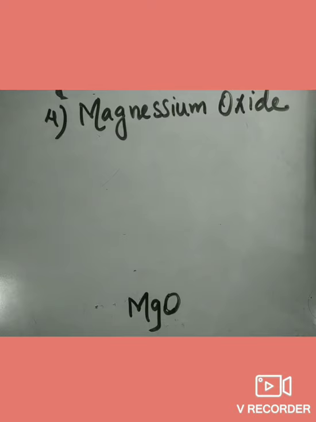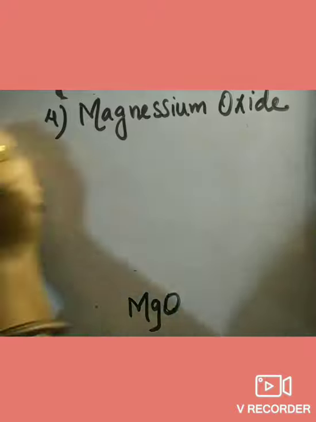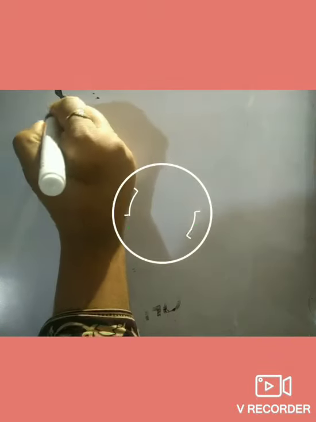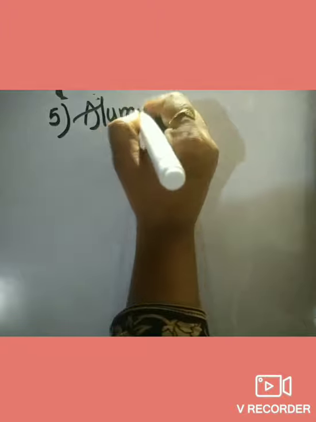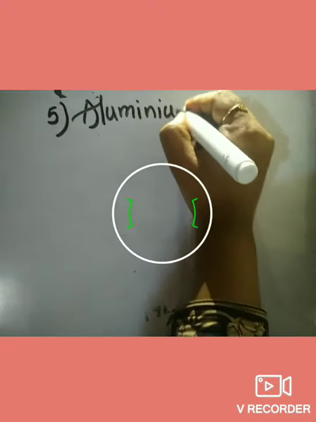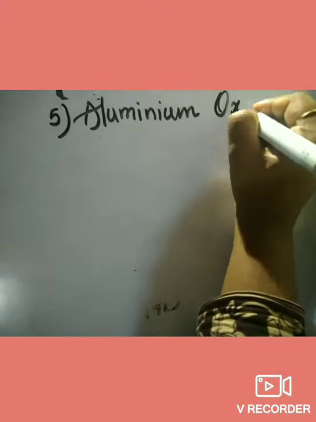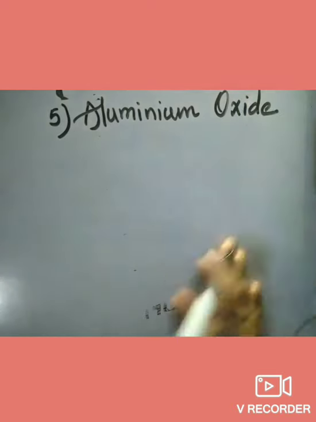My next compound is aluminium oxide. Okay, the next compound which I am taking is aluminium oxide.